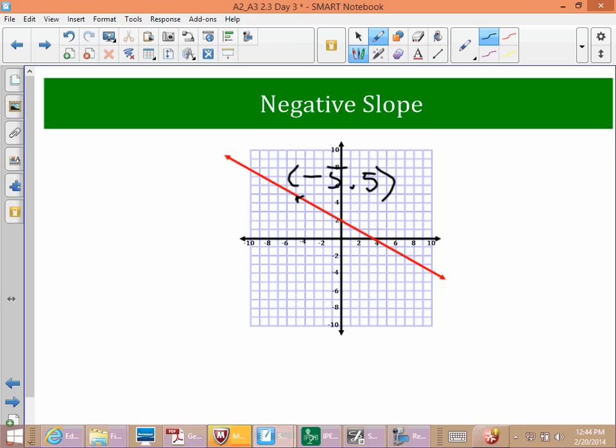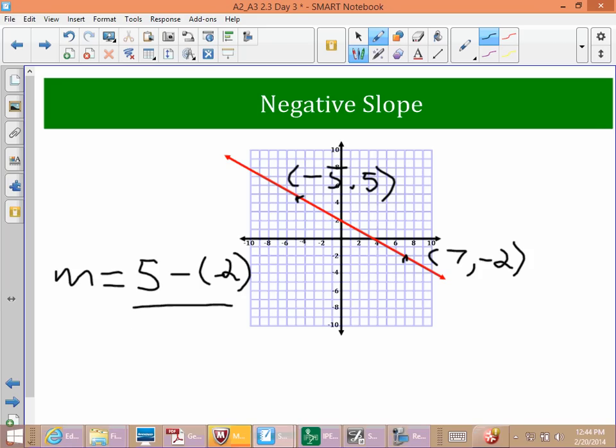Okay, another point on the line. We'll use this one down here, and I'm going to say that that is (7, -2). Once again with the slope calculation, I won't write out the formula, but m, the slope, is equal to 5 minus a negative 2 over negative 5 minus 7.